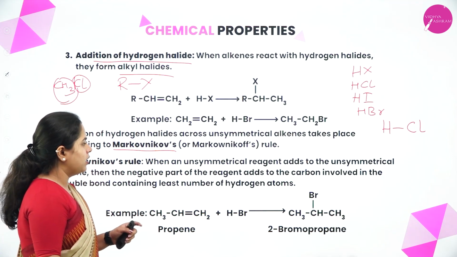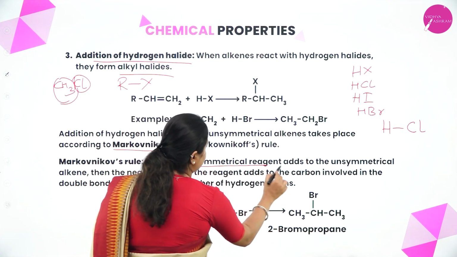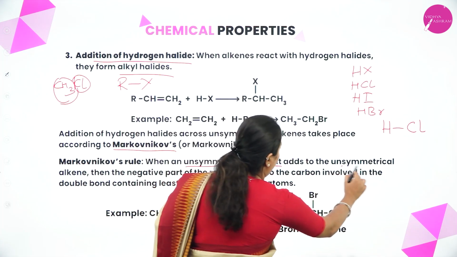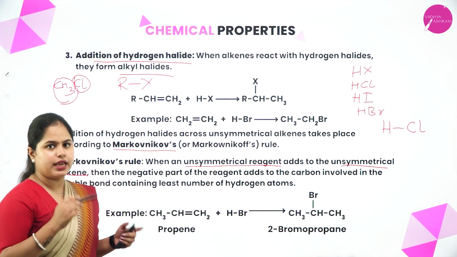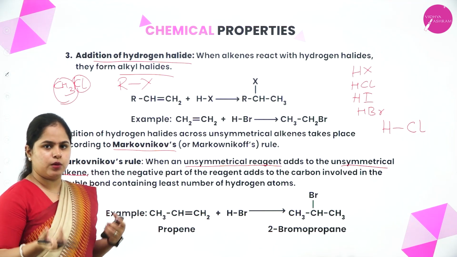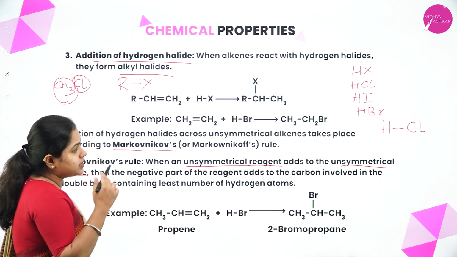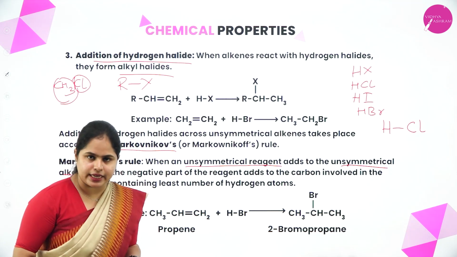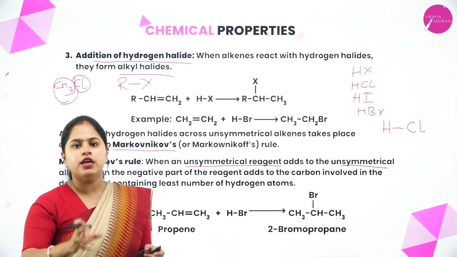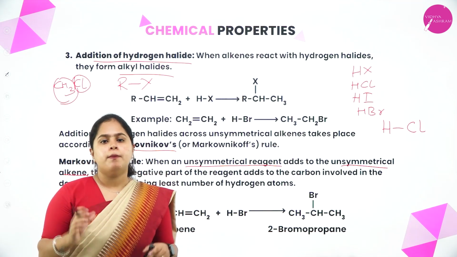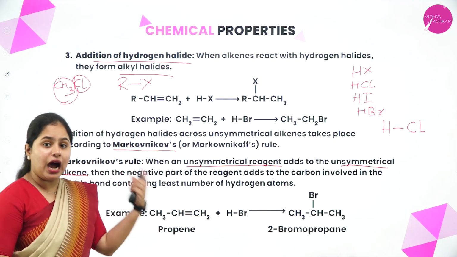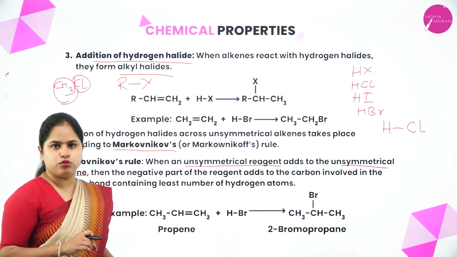So, it states that when an unsymmetrical reagent adds to an unsymmetrical alkene. So, it is an unsymmetrical reagent, right? HX. It is unsymmetrical. Both the atoms are different. And when it is added to an unsymmetrical alkene, if it is a symmetrical alkene, you can add it on either of the atoms, which I'll explain now. But if it is an unsymmetrical alkene, you have to use this rule.